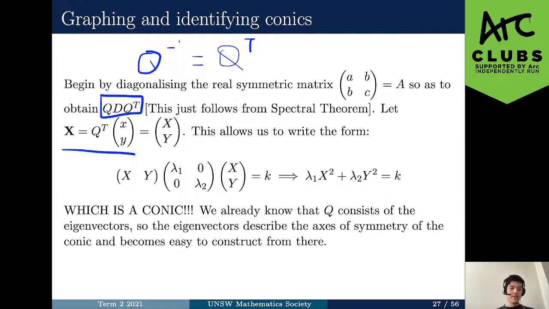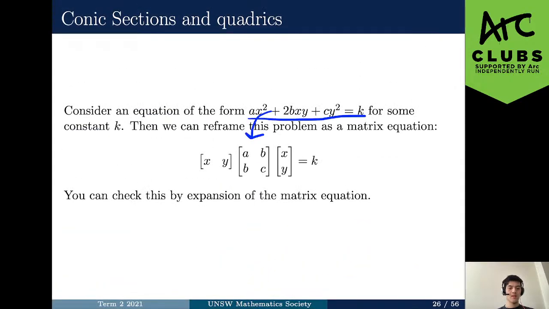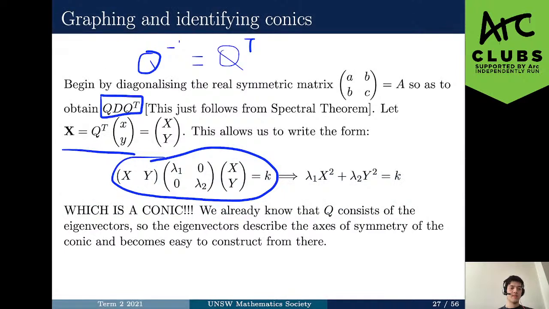Okay, so we use this method here, and it turns out that the equation converts into this form. Why is this true? Well, previously we said that if I diagonalize this matrix, then this matrix here can be written as Q times D times Q transpose.